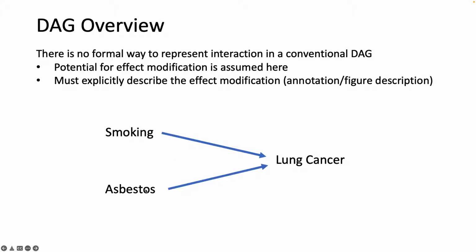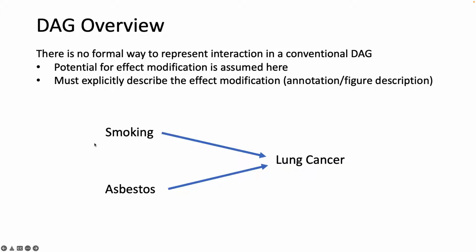So the relationship between asbestos and lung cancer might be stronger among smokers than non-smokers, and that is a very good illustration of interaction. Unfortunately, there's no proper way to represent this in a DAG. You'd have to recognize that whenever two variables both terminate at the outcome, there's an implicit possibility that an interaction is happening.